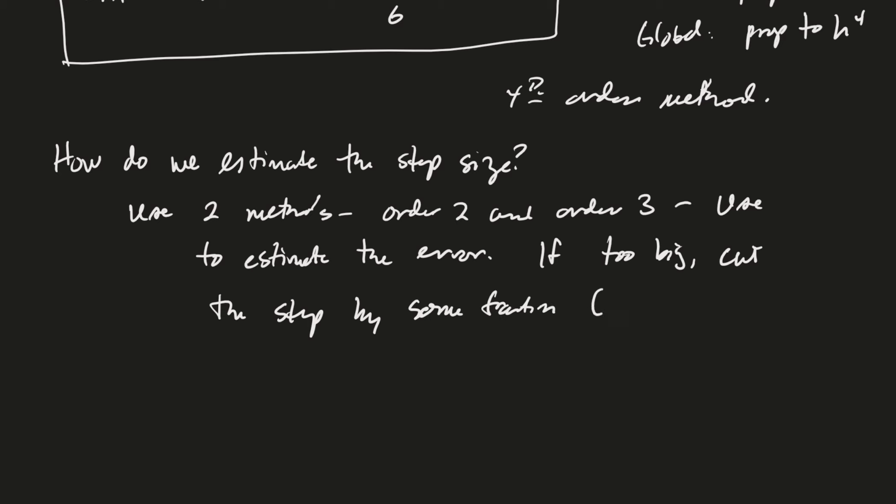So for example, cut it by 1/2, so half the step size. Then run order 2 and order 3 again and see what the error is, and if it's too big, cut the step size. And so if you continue with that, we can estimate the error this way, or estimate the step size.